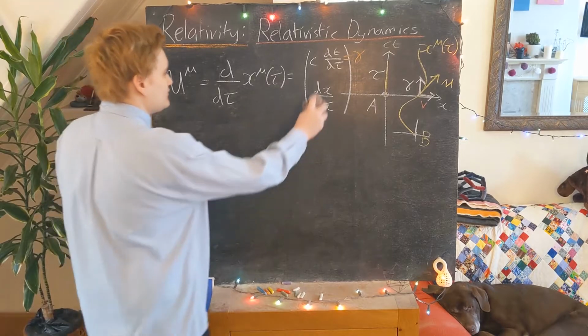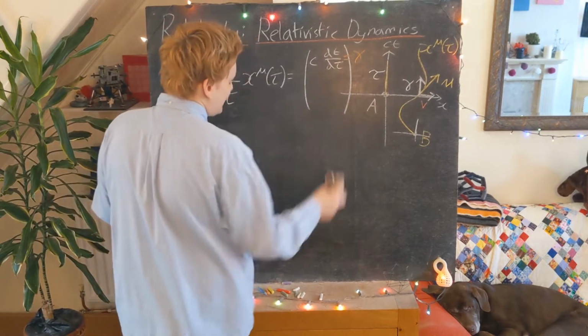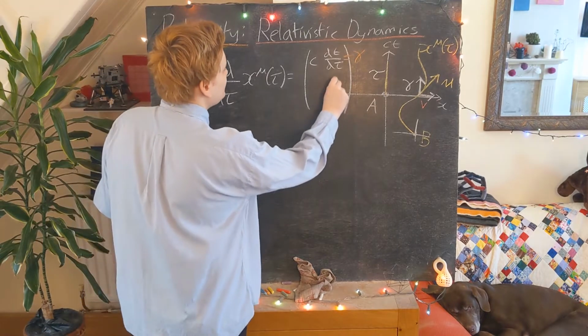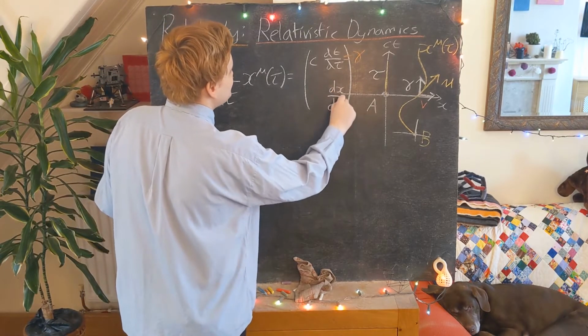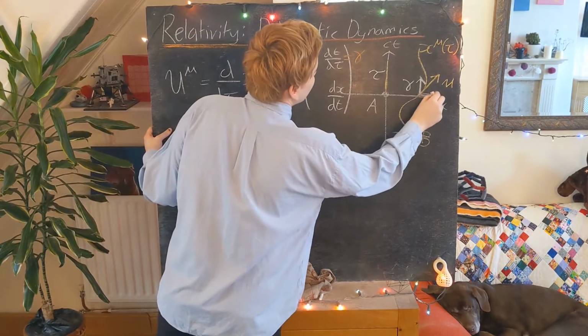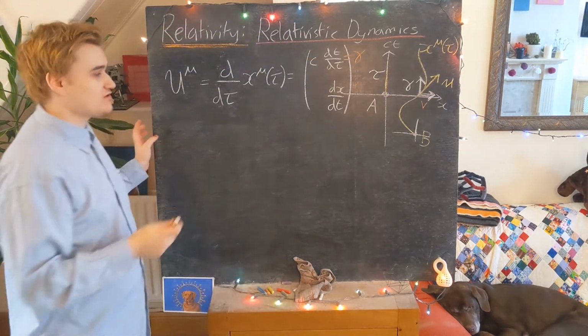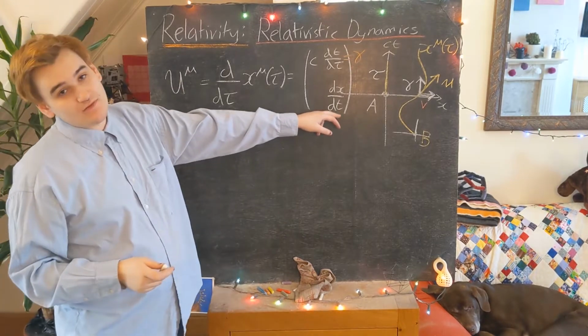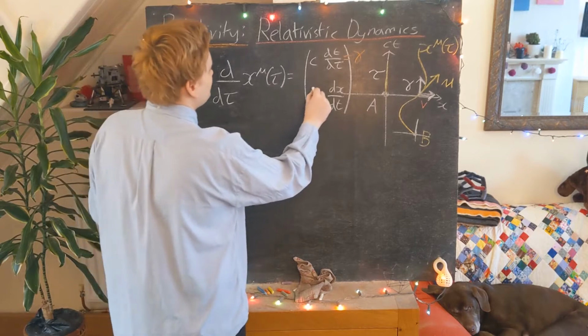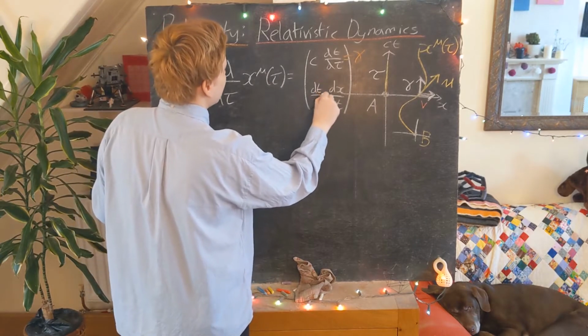And then we can also just rewrite, using the chain rule, this dx by d tau component in terms of the dx by dt, which is the coordinate velocity v, essentially how fast you're measured to be moving in the A-frame coordinates. And then we also had to include the gamma factor from the chain rule.